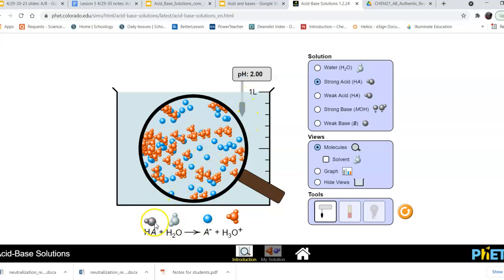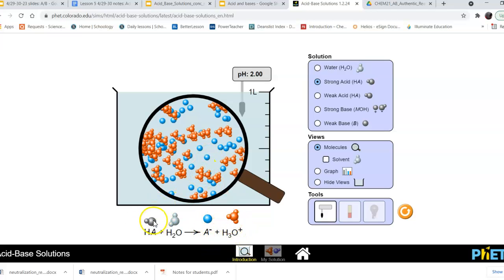Notice here that again you have an acid dissociating in water. Again, you have your hydronium ion. However, the one thing I wanted to point out is that you don't see any acid. You only see those two species: the A minus and the hydronium ion.